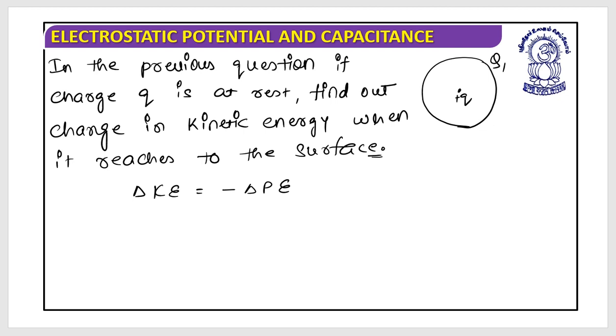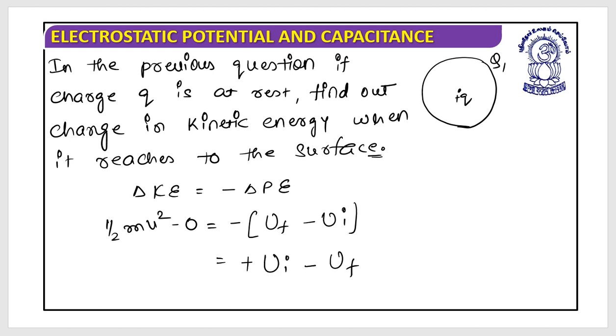The final kinetic energy is half mv square, and the initial kinetic energy is 0, so no need to write half mv square minus 0. This is equal to minus of change in potential energy, which is Uf minus Ui, so I can write it as plus U initial minus U final, which is equal to half mv square.